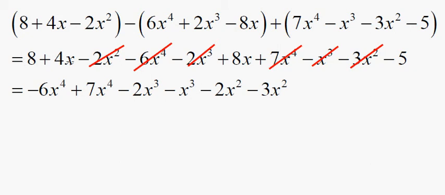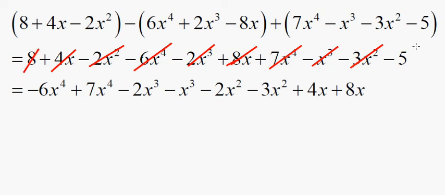Now the next order would be order 1, or just the regular x's. Here's plus 4x. Let's cross it out and move on. We have plus 8x. Oops, I got my cross a little messed up, but there we go. So we're going to have plus 8x here. And all we're left with now is our constants, one in front and one all the way at the end there.